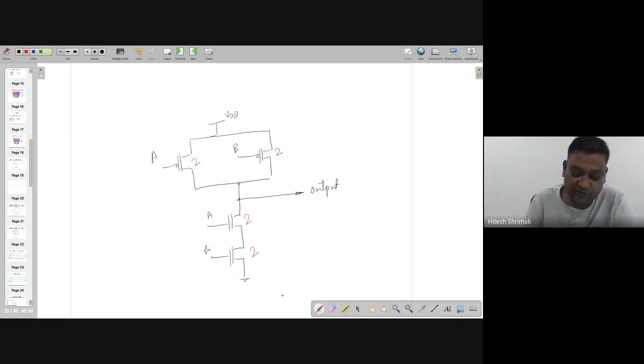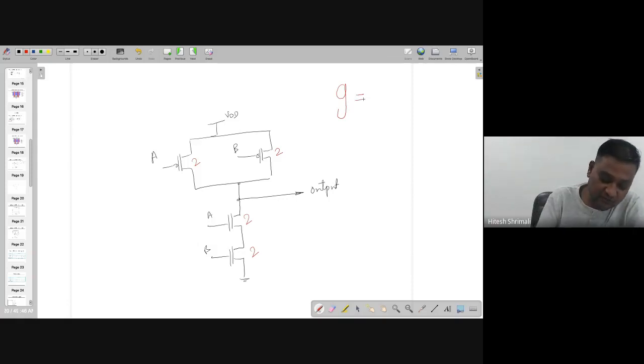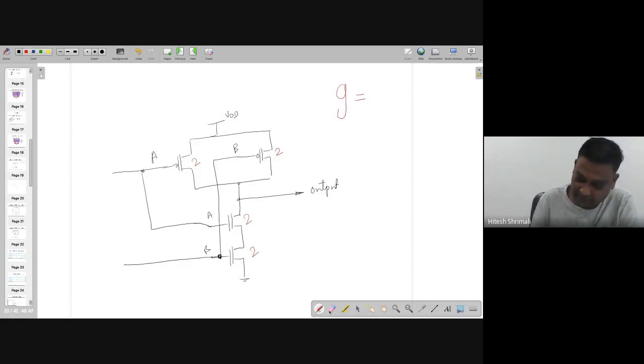Now I need to find out the logical effort of such a circuit. So in that case, G is going to be, note that I'm looking only at one input. Something like this.